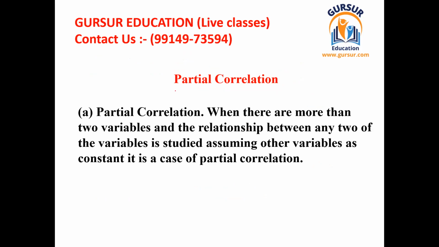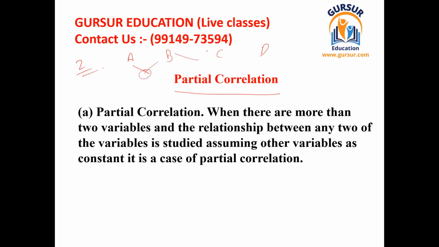Then partial correlation means if there are more than two variables, suppose variables A, B, C, D, but you are finding the correlation at one time for only two variables. Like I am finding the correlation of A and B only.